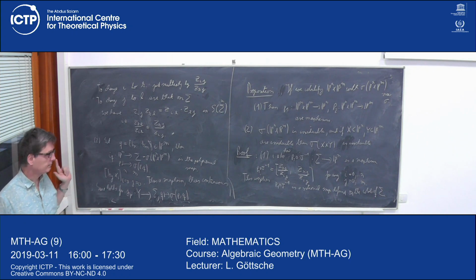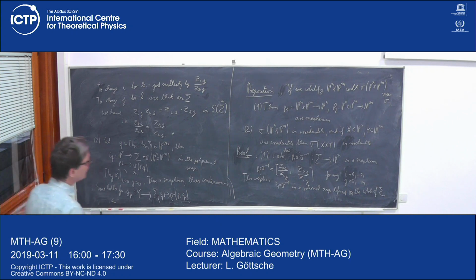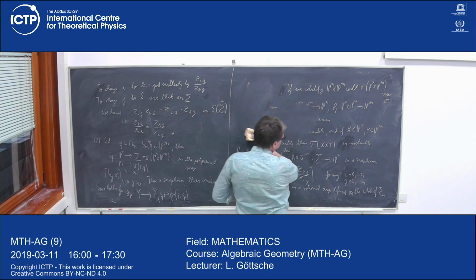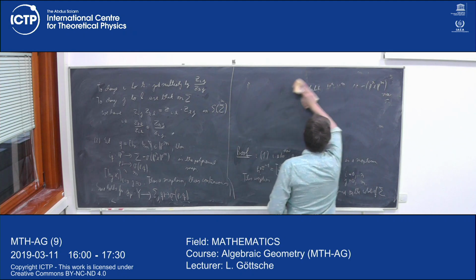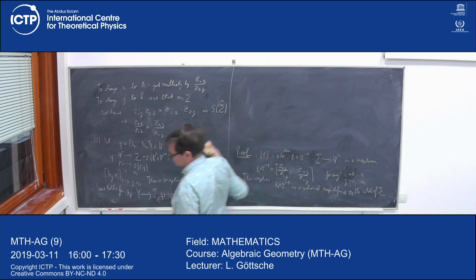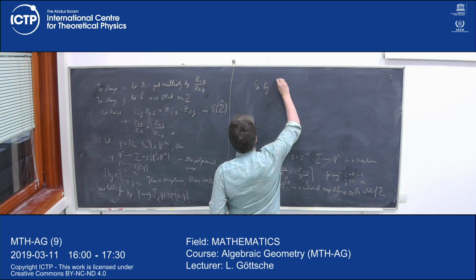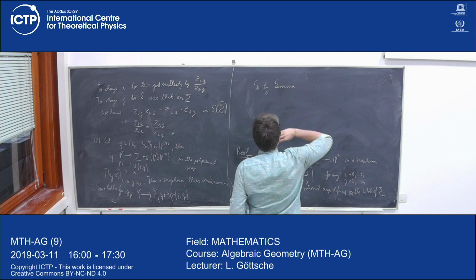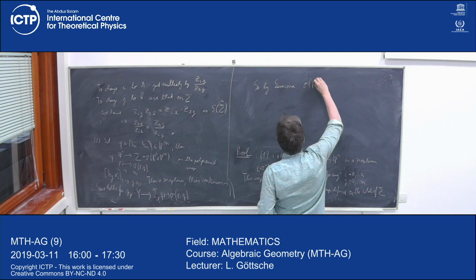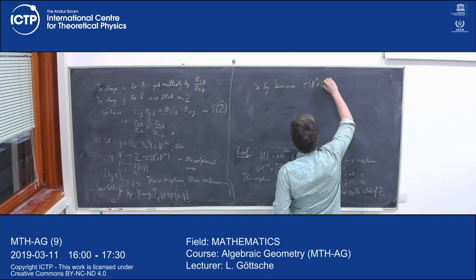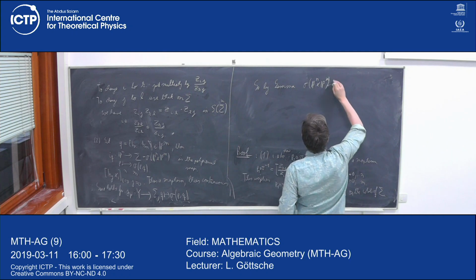And so by our lemma, we know that if we have a topology such that these maps are continuous, then the product is irreducible. So by the lemma, we have that this is irreducible.